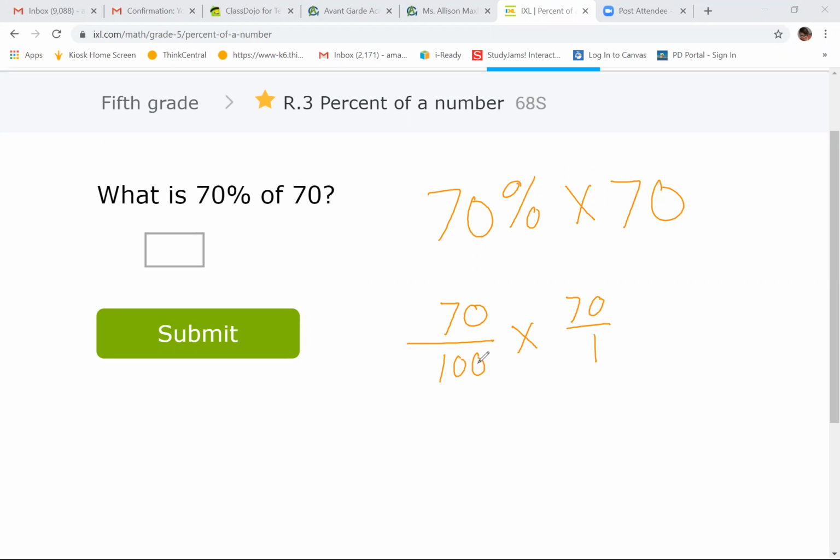Because I see a 0 and a 0, I'm going to cancel those out, which means now I have 7/10, because basically I just divided this by 10 and divided this by 10. Now I can do 7 times 7, 49, over 10. Look at my answer. Did you get 49? I hope so. 49.